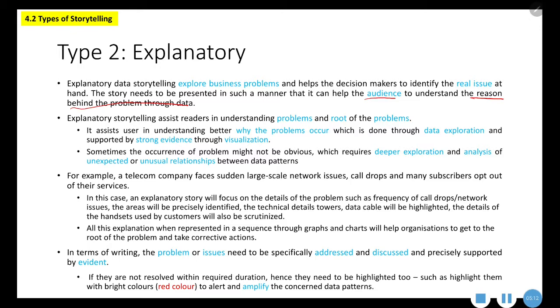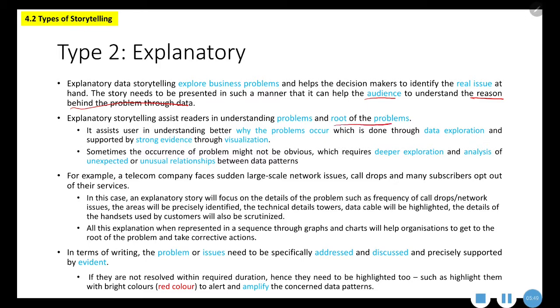The word explanatory means it involves detailed storytelling to explore problems and identify what the issues at stake are, and then try to propose a solution for that problem. So explanatory storytelling assists readers in understanding problems and the root of the problems.